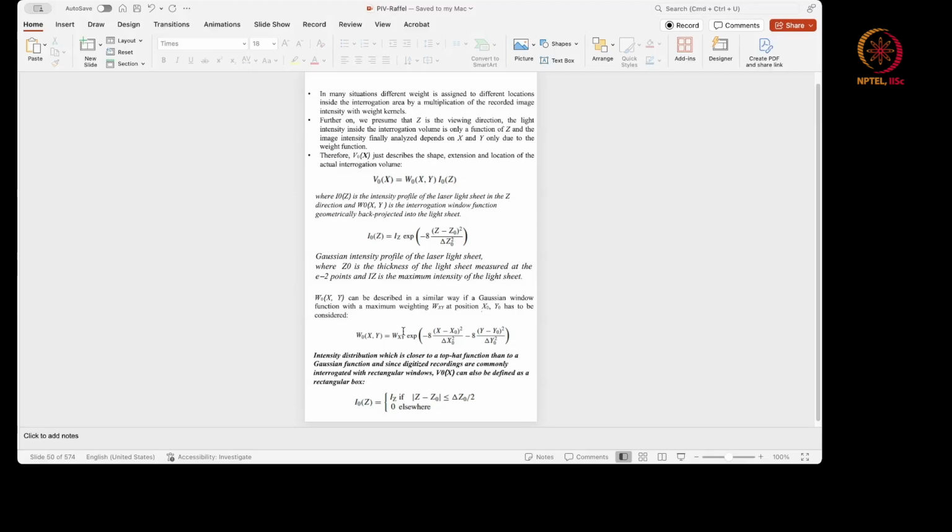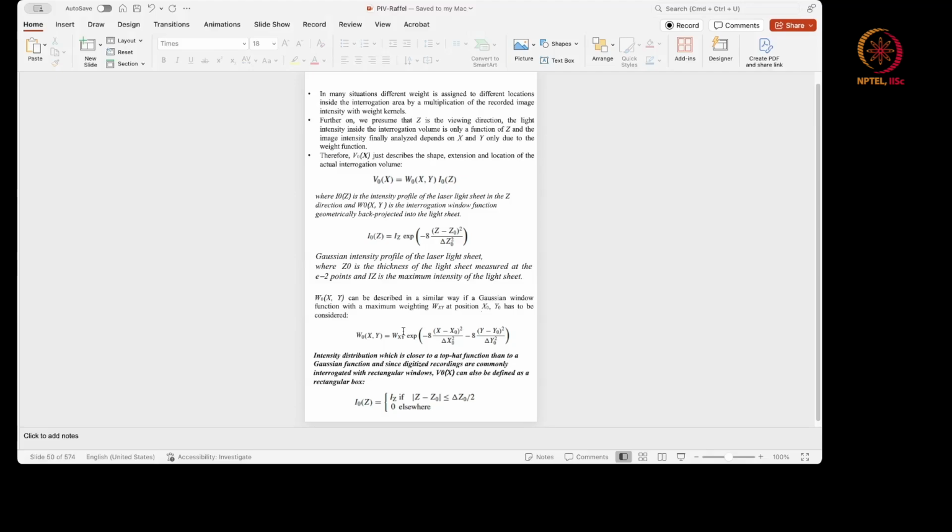Further, we assume that Z is the viewing direction, and the light intensity inside the interrogation volume is only a function of capital Z, and the image intensity finally analyzed depends on X and Y only due to the weight function. So V naught X just describes the shape and extension and location of the actual interrogation window.